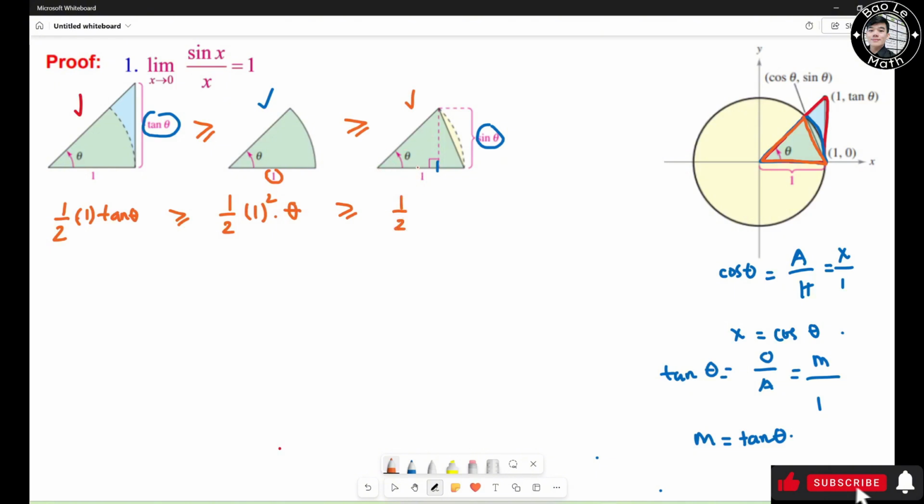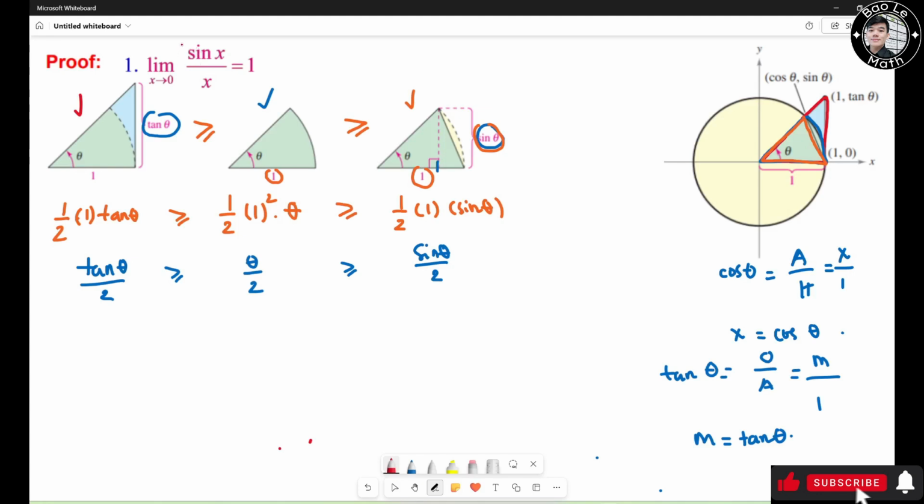The base is 1 and the height is sine theta. Now I'm going to simplify this one. It turns out to be tangent theta over 2 greater than or equal to theta over 2 greater than or equal to sine theta over 2.